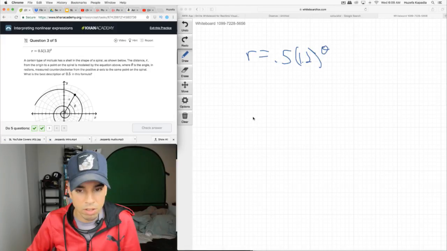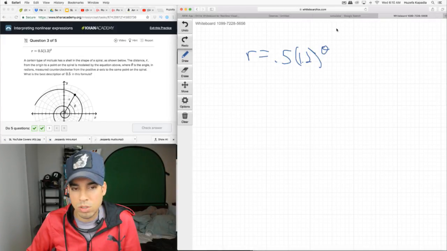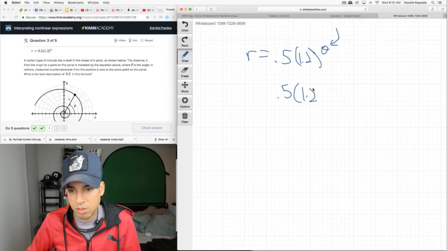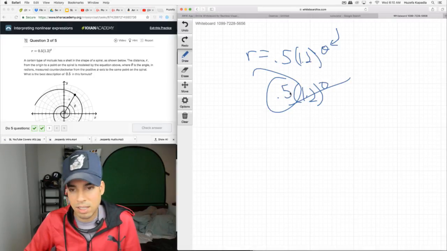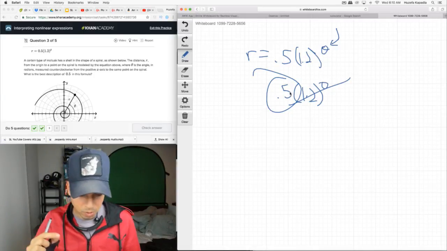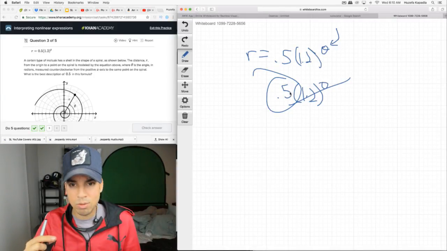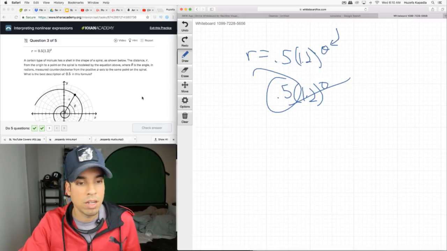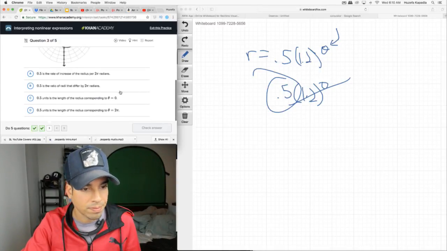We'll see what the 0.5 is when this value goes to 0, because then it'll be 0.5 times 1.2 to the 0 power. This is 1, so this goes away. And guess what? That's the value of the radius when theta equals 0. I think that's what their answer is going to be.